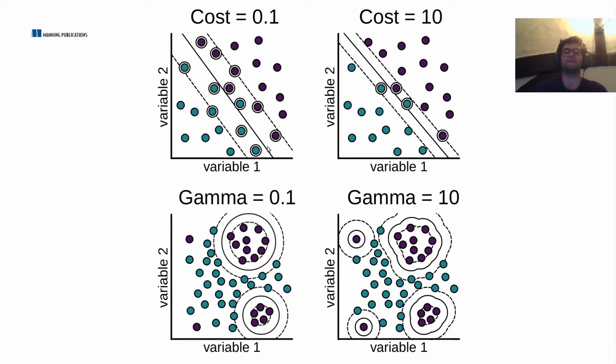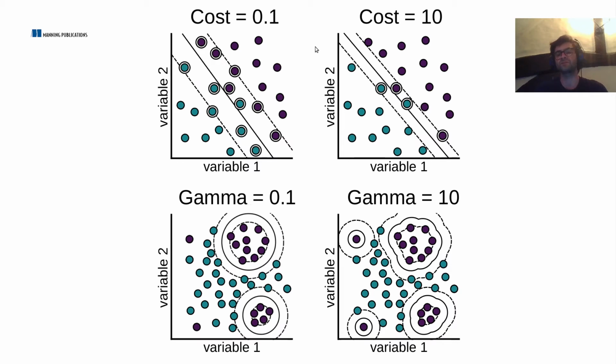The further apart two perfectly separable classes are, the larger that margin will be. But in complicated machine learning problems, it's unlikely that the classes are fully separable, so it's very likely that you're going to have cases inside the margin. The cost hyperparameter tells the algorithm how bad it is to have cases inside the margin.